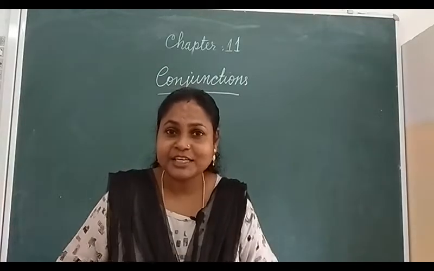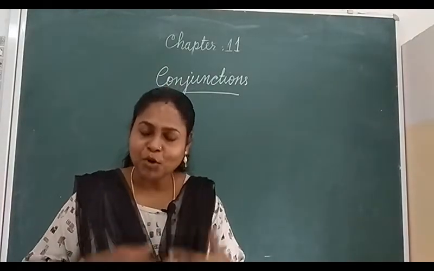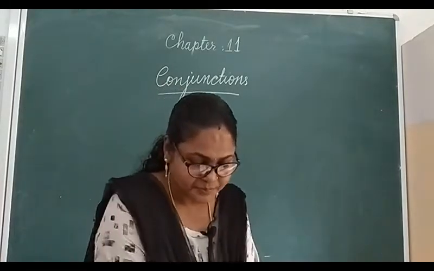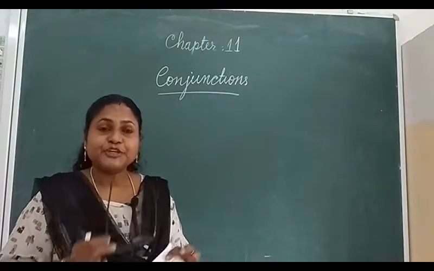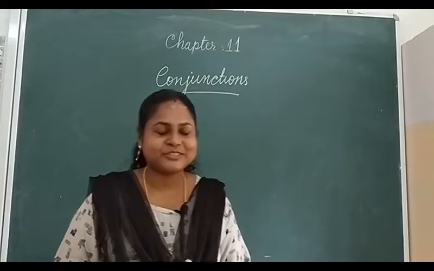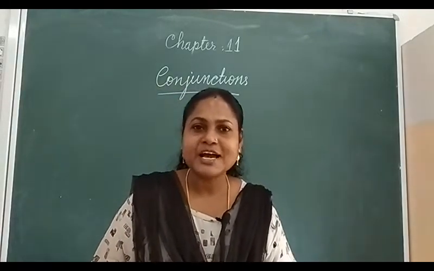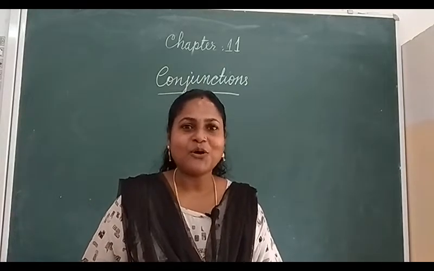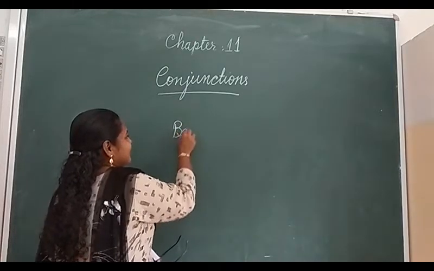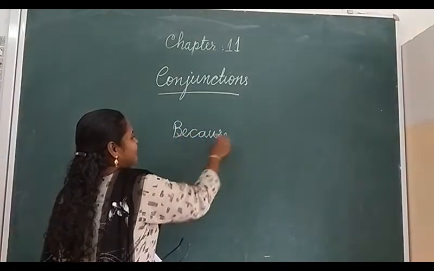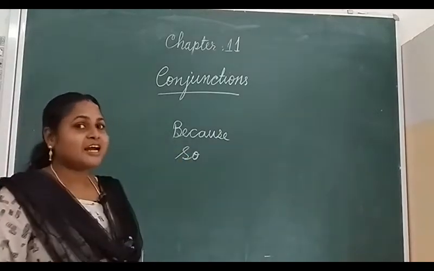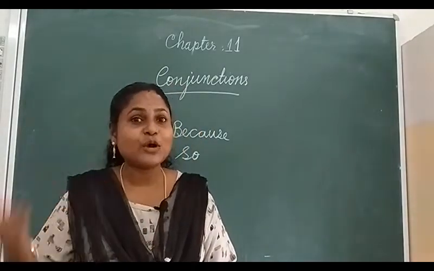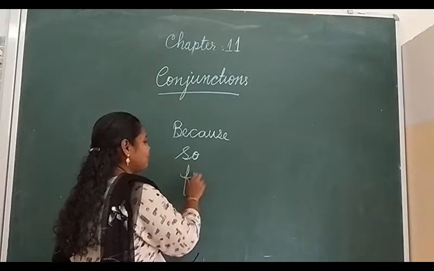Today we are going to study some more conjunctions that we use quite often. Knowingly or unknowingly, we use some conjunctions like because, so, and then another one that can be used as a preposition and also as a conjunction, that is for.